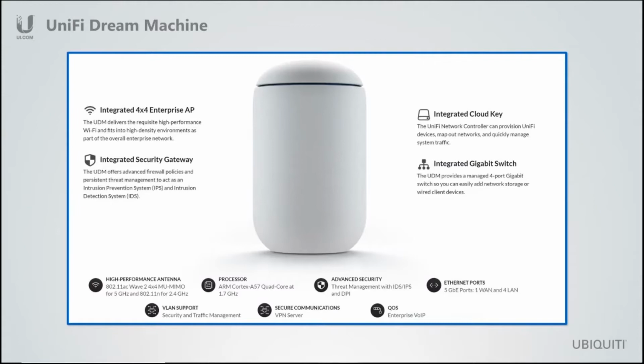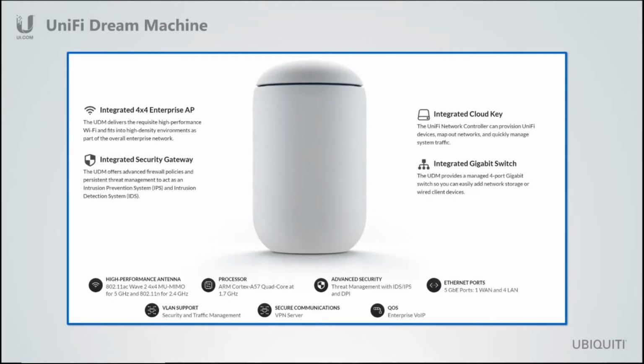It also has a 4-port gigabit switch. It also has a Cloud Key included, so it has a controller in it, and there's no need for a separate controller purchase and no need to host your controller anywhere. This device itself hosts the controller. And then it also has a 4x4 enterprise access point. So it has a very powerful access point, all in one device that is a fraction of the cost if you had to purchase four devices separately.